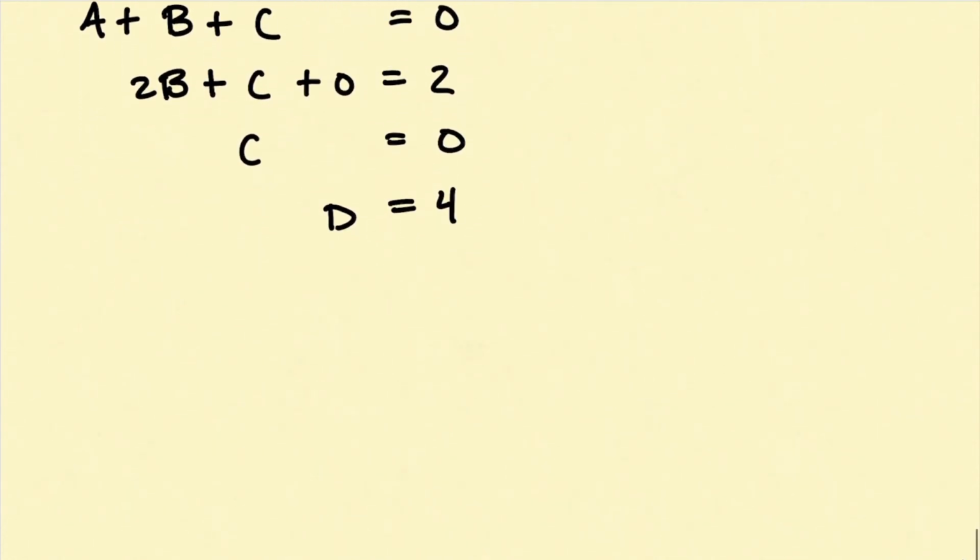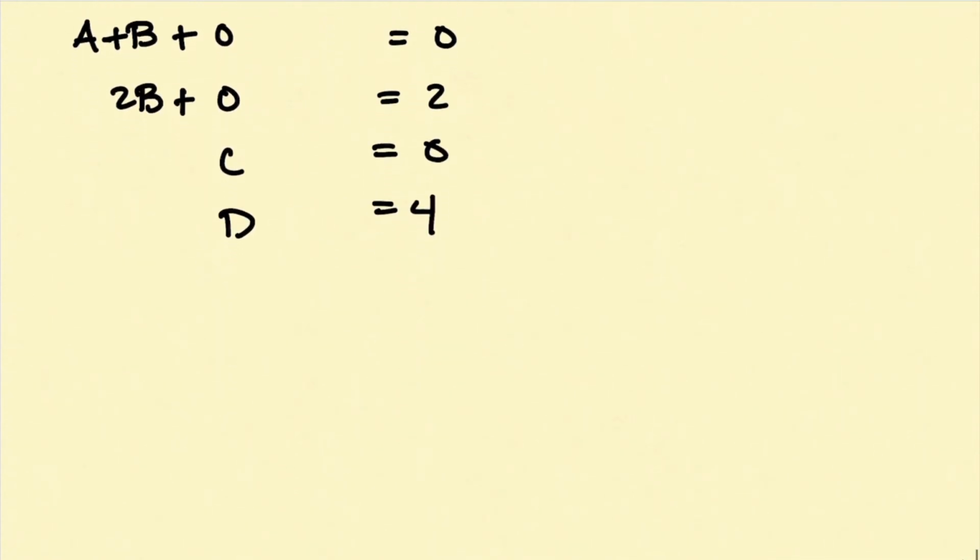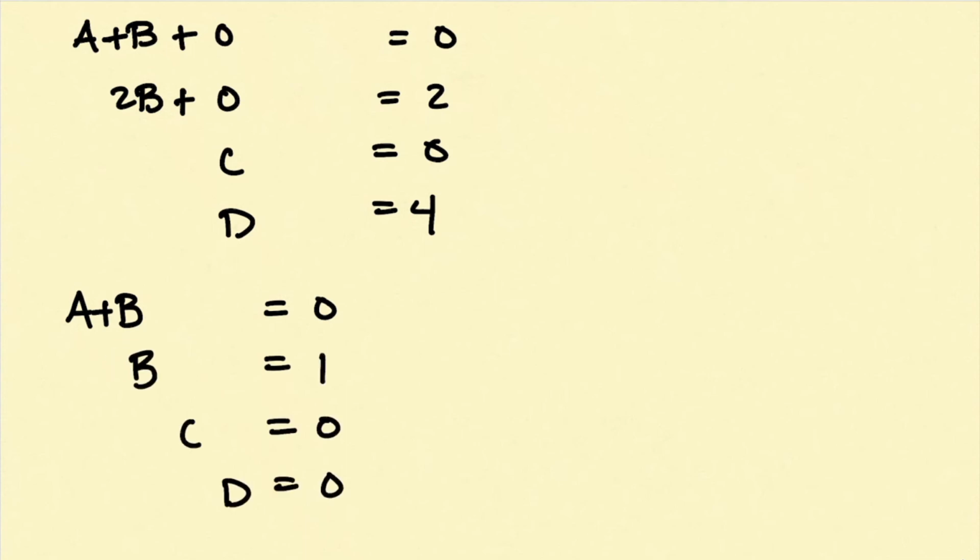Now that I've removed all the D's, I'm going to use the third equation to remove all the C's. I'm going to subtract the third equation from the second and also from the first. Next, I'm going to scale the second equation by 1/2.